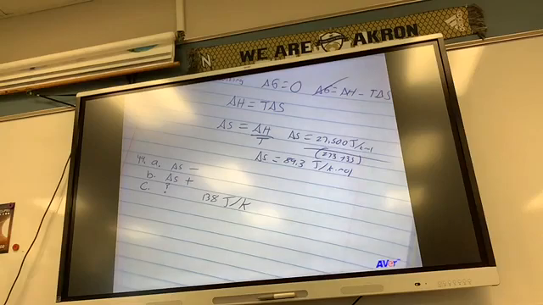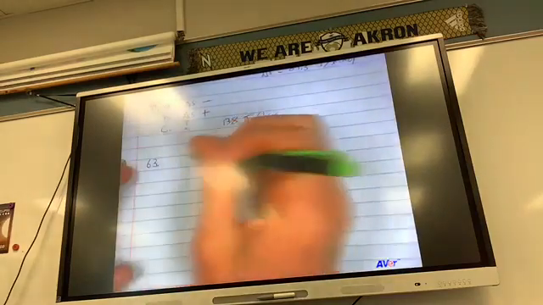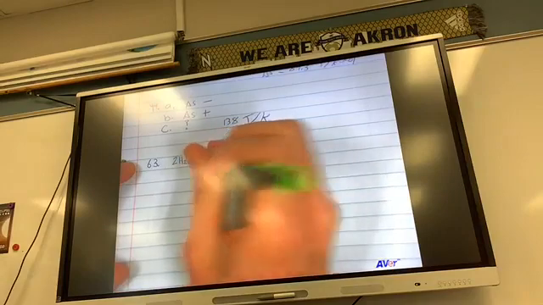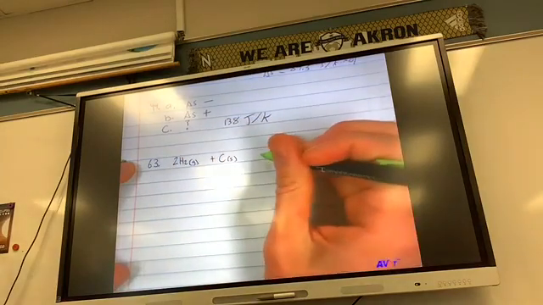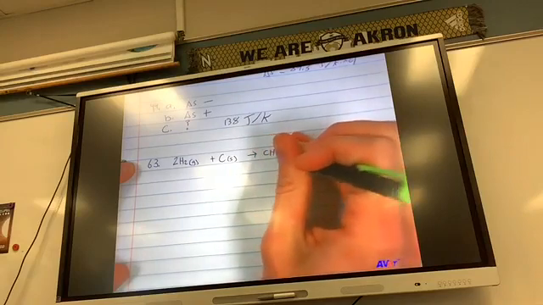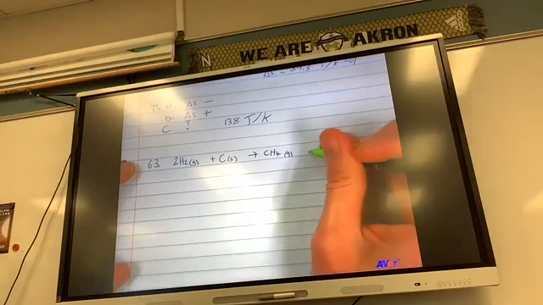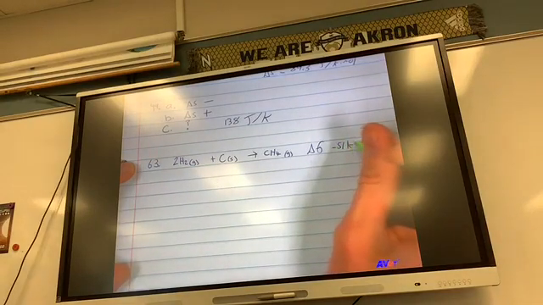63, given the following data. So I'm going to have to do a little bit of writing here, which I'm so good at. I have 2H2 gas, states matter, plus carbon solid yields CH4 gas. Delta G is negative 51 kilojoules.